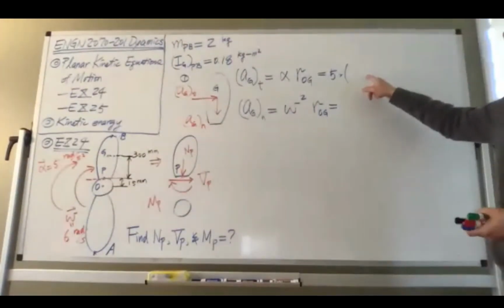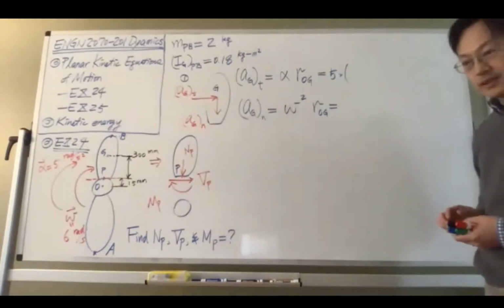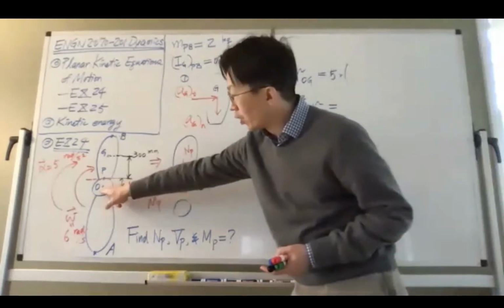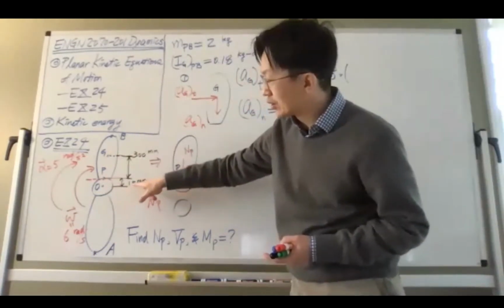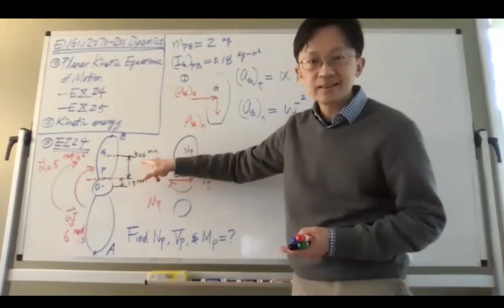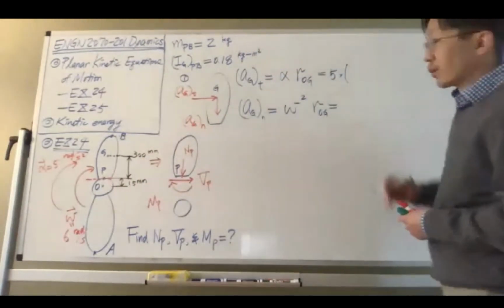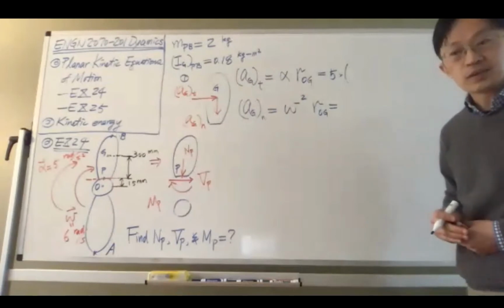So what's this one here? The distance from the point O to point G is basically the summation of these two, correct? So that is these two. And of course, we will not use millimeter, we'll use meters.